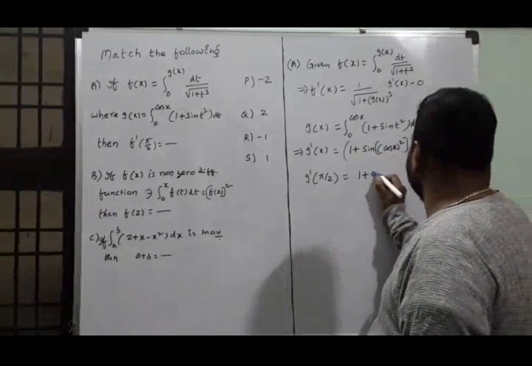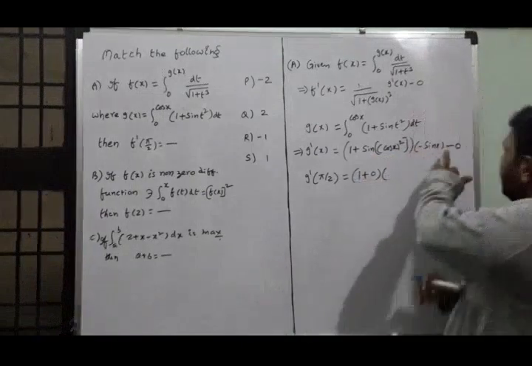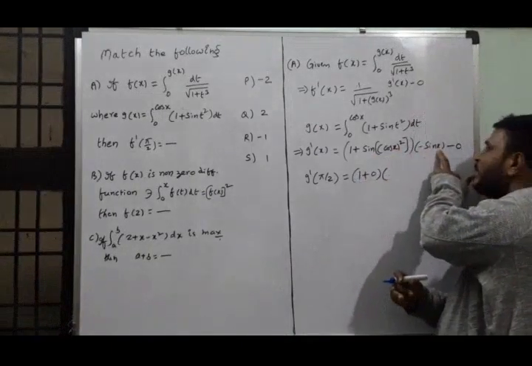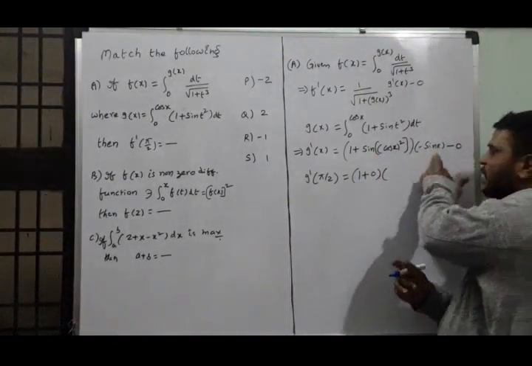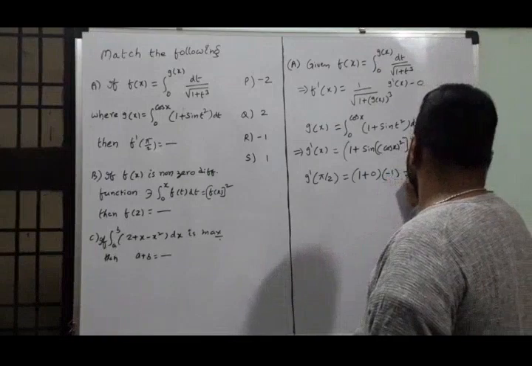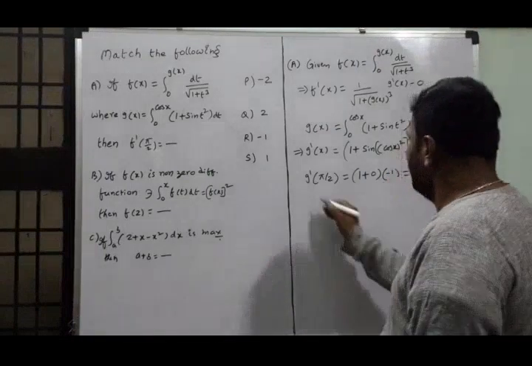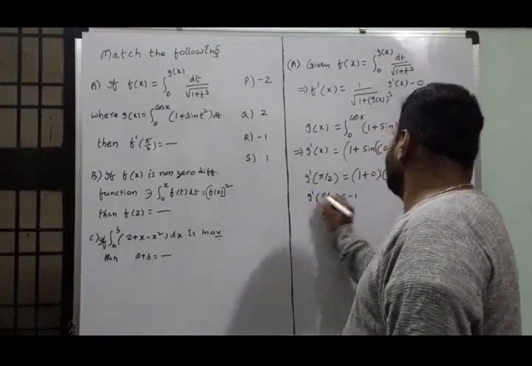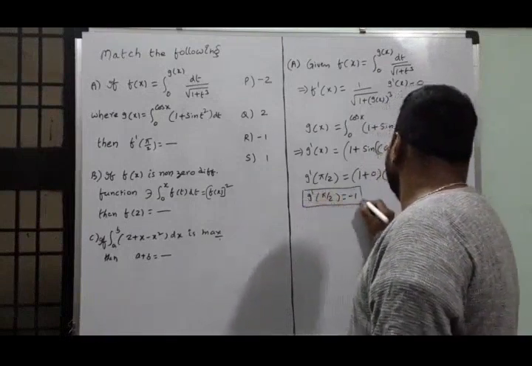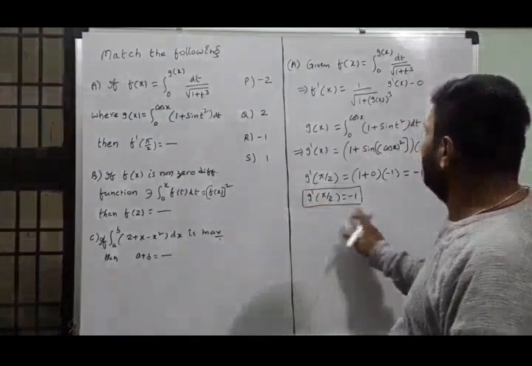So 1 plus 0, into minus sin x with x equal to 90, so sin 90 is 1, minus 1. So you will get minus 1. g dash pi by 2 is equal to minus 1.